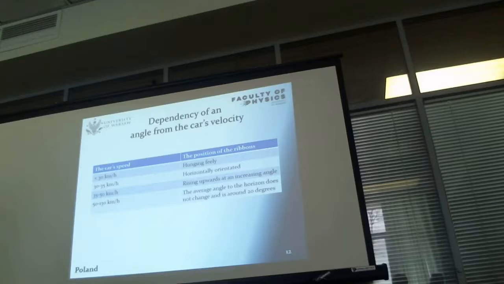Then they started to rise upwards at an increasing angle. For example, for 40 kilometers per hour, it was 5 degrees. And then they stopped rising, and for this speed they were still 20 degrees, so we can conclude that maybe for bigger speeds it was the same, but okay, we checked until this, because it wasn't possible to check more.